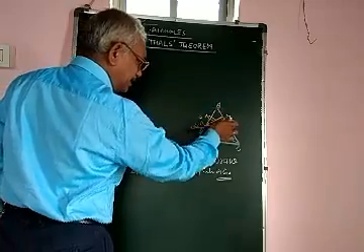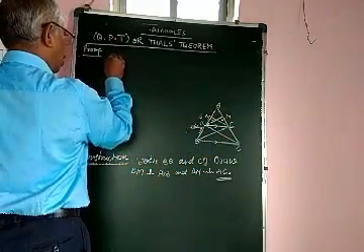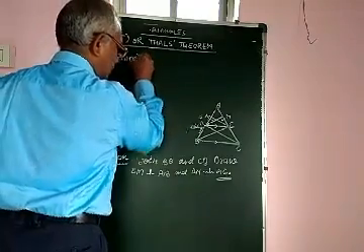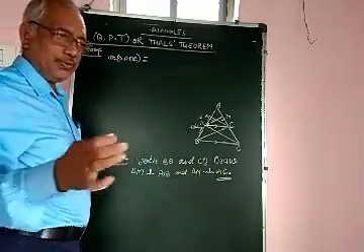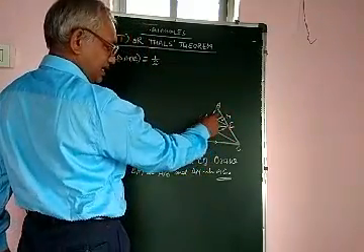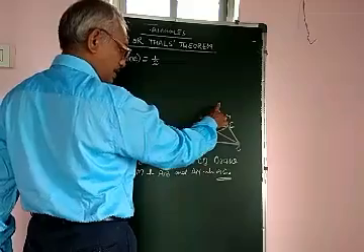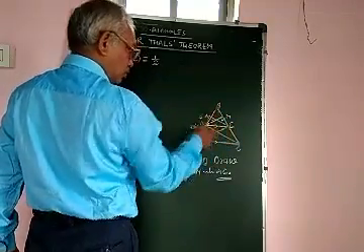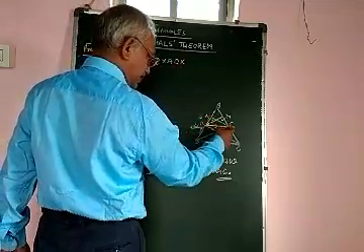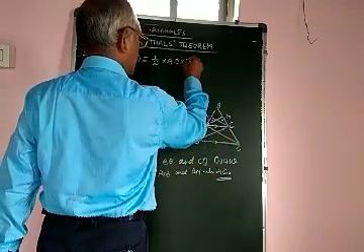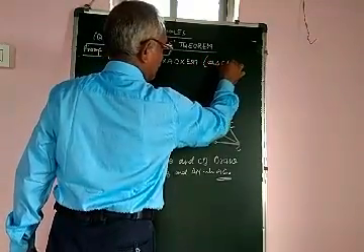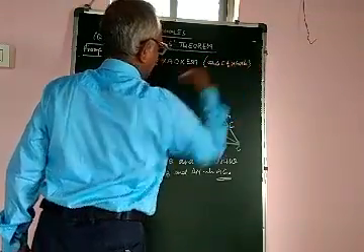In triangle ADE, area of triangle ADE is equal to 1 by 2 into base into height. EM is perpendicular on AD, which is along AB. So base is AD. 1 by 2 into AD into perpendicular distance, that is height, EM.